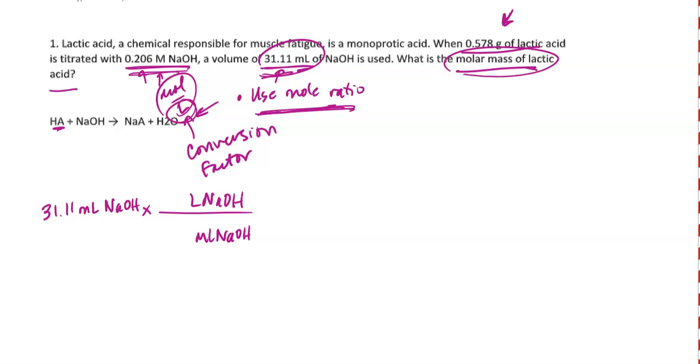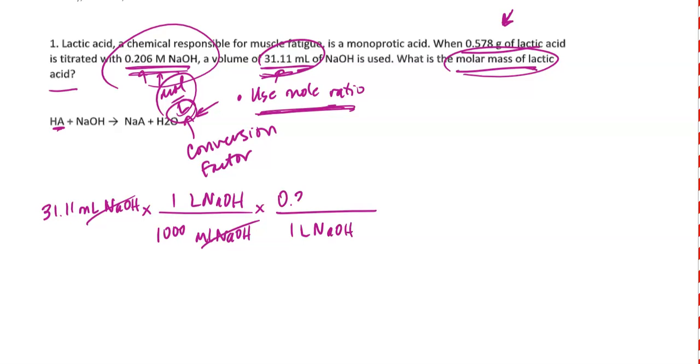And so again, there are 1,000 milliliters for every 1 liter of the sodium hydroxide. Now that I'm in units of liters, I can go ahead and use this molarity. For every 1 liter of the sodium hydroxide, there are 0.206 moles of the sodium hydroxide.